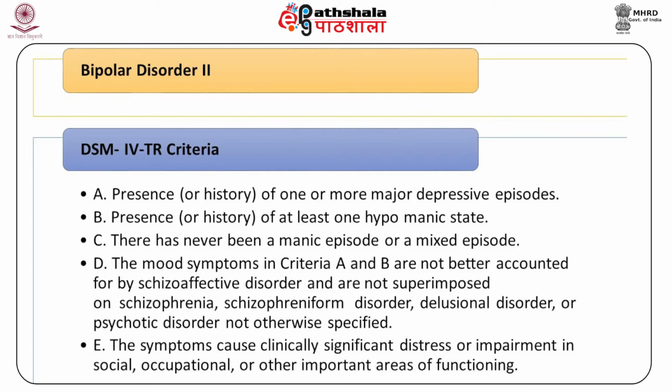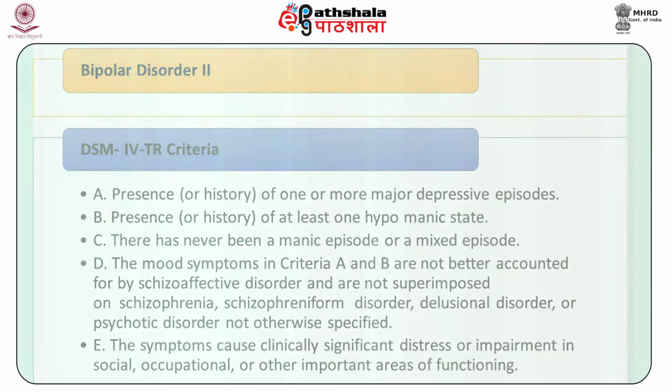D. The mood symptoms in criteria A and B are not better accounted for by schizoaffective disorder and are not superimposed on schizophrenia, schizophreniform disorder, delusional disorder or psychotic disorder not otherwise specified. E. The symptoms cause clinically significant distress or impairment in social, occupational or other important areas of functioning.